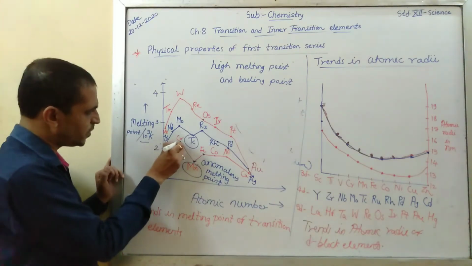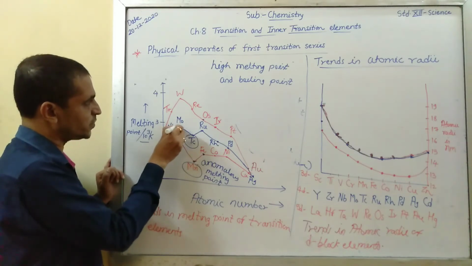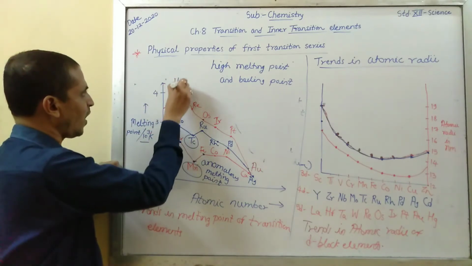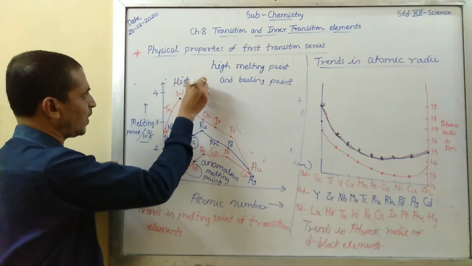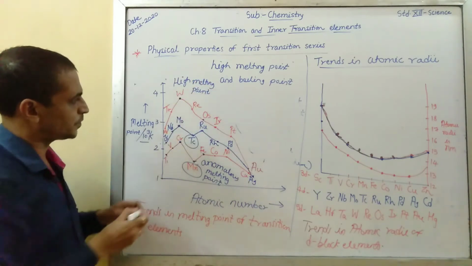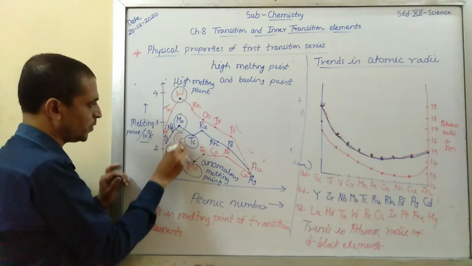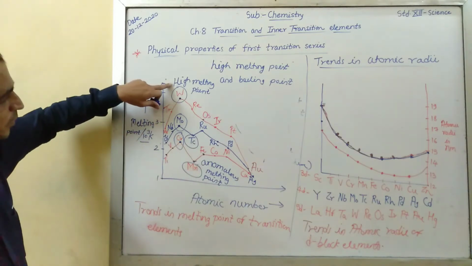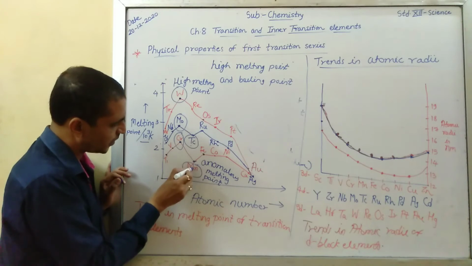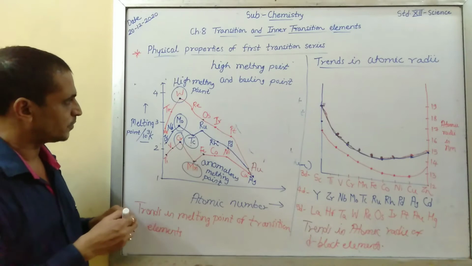Chromium in the first transition series, molybdenum in the second transition series, and tungsten in the third transition series show high melting point. Remember that. But Tc in the second transition series and manganese in the first transition series show anomalous melting point.